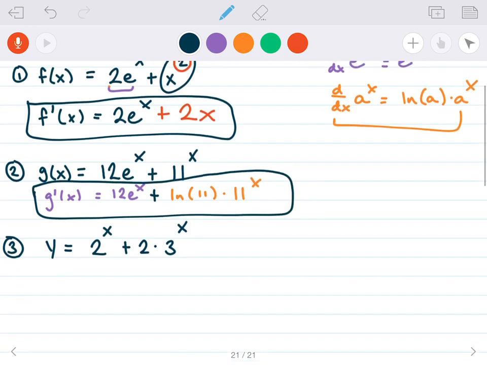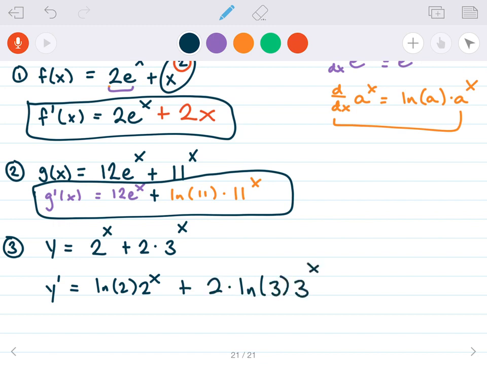Let's look at number 3. So y prime is going to be ln of 2 times 2 to the x by the orange rule, plus 2 times ln of 3 times 3 to the x. And again, this is by the orange rule. Okay, so that's our derivative, y prime.